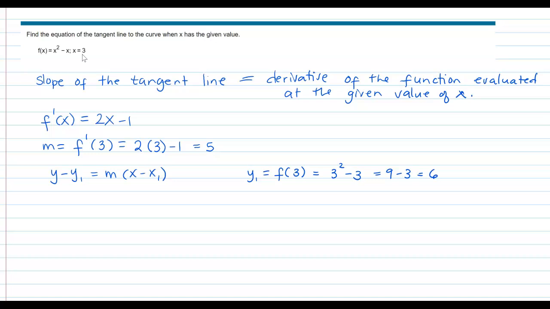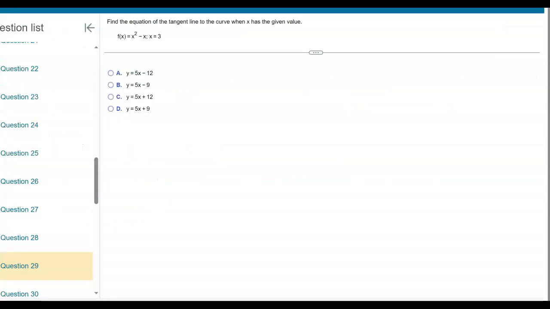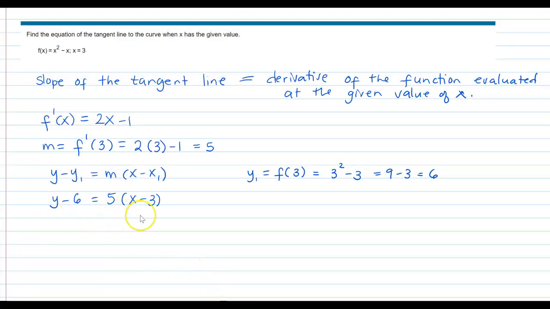Now going back to the formula here, we have y minus the value we got for y sub 1, which is 6, is equal to m, and our m is the slope, which is 5, times x minus, or x sub 1 is the given x value, 3. Then we simplify this. You actually go back to the choices and see that we are looking for the slope-intercept form of the line. Okay, so let's go ahead and simplify this.